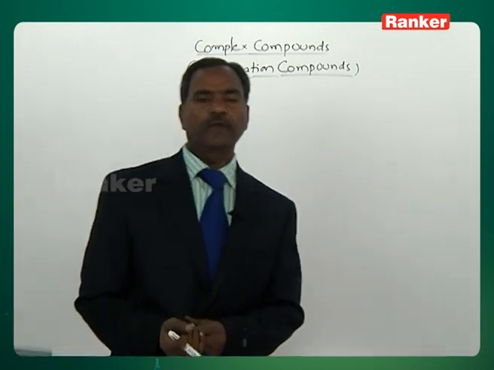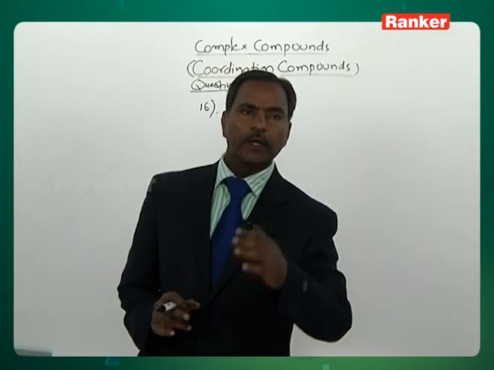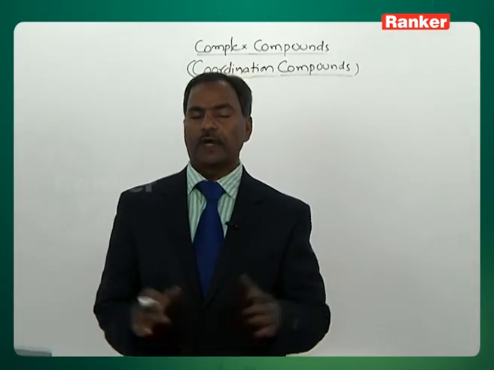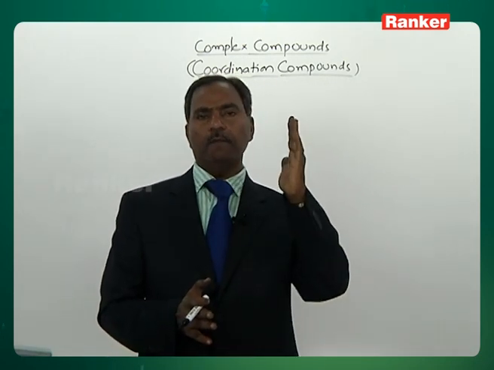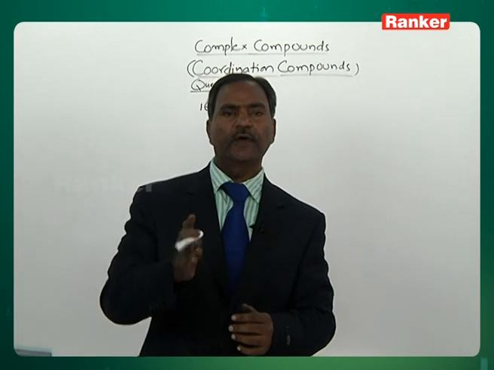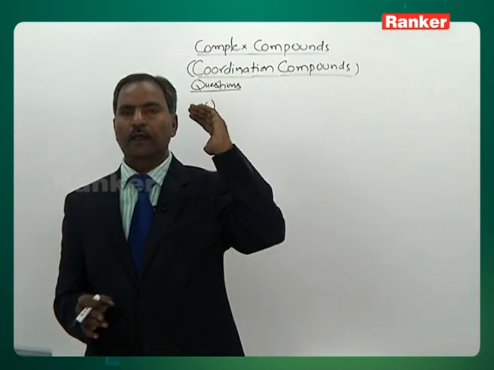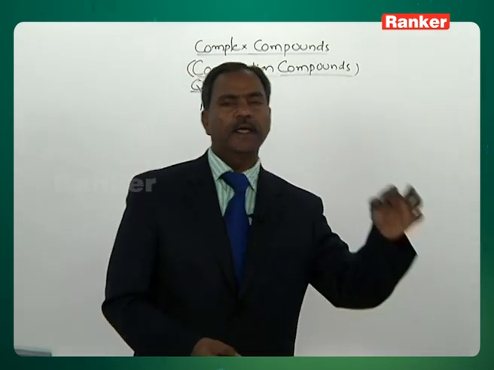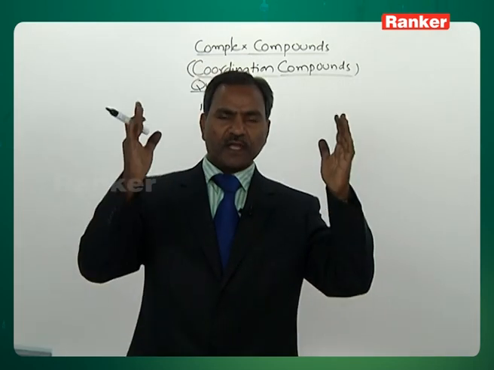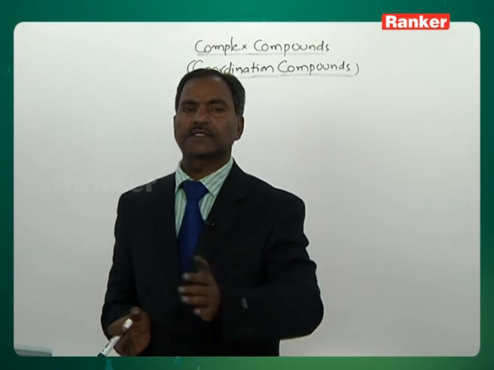Question number 16. The number of ligands exhibiting dual character for the Werner's formula of Pt 4NH3 Cl4. Dual character means what? According to Werner theory, the ligands which are satisfying primary valencies are shown by dotted lines. The ligands which are satisfying only secondary valencies are shown by what? Solid lines. In some cases, some of the ligands are satisfying both primary and secondary valencies.